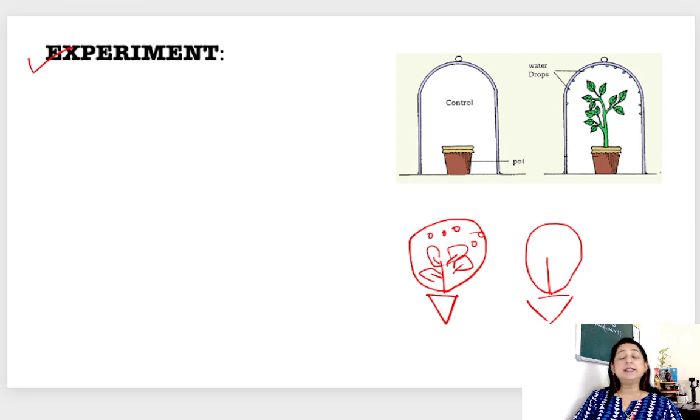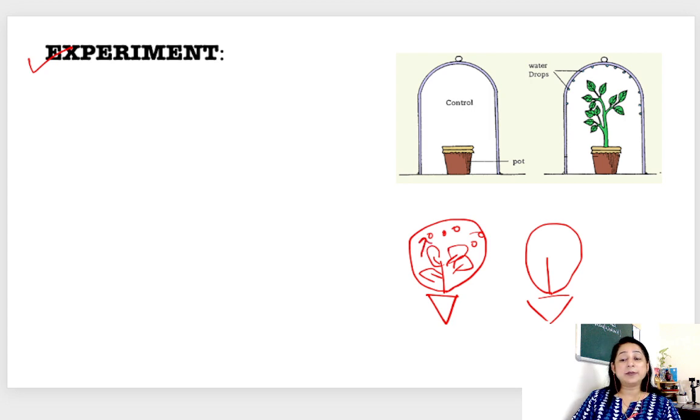So the experiment says, first of all, the aim is to prove that plants transpire through the aerial parts of the plant. Why aerial parts? Because other parts are all underneath the soil. Now why is it covered with polybag? Because when the plants give out water in the form of vapors, these vapors touch the cold surface of the polybag.